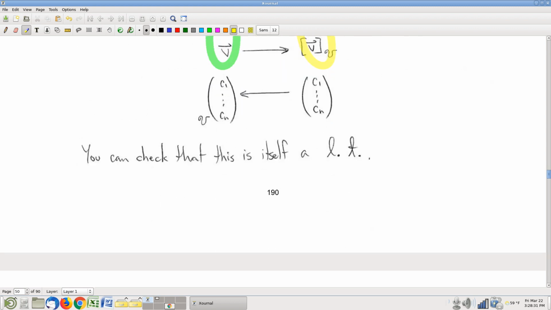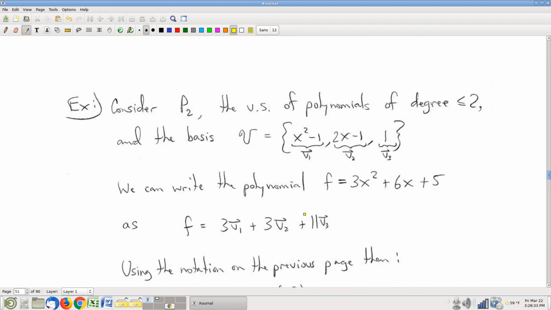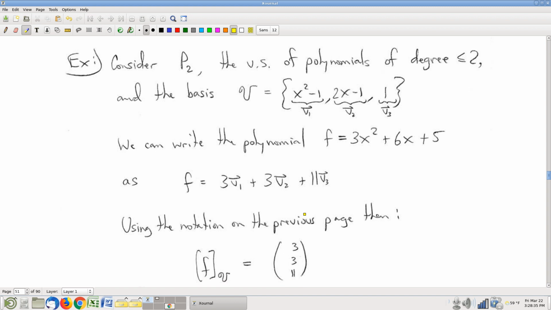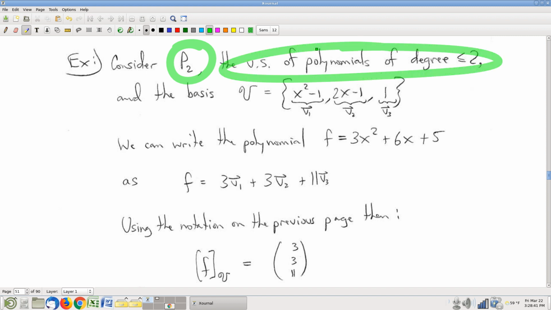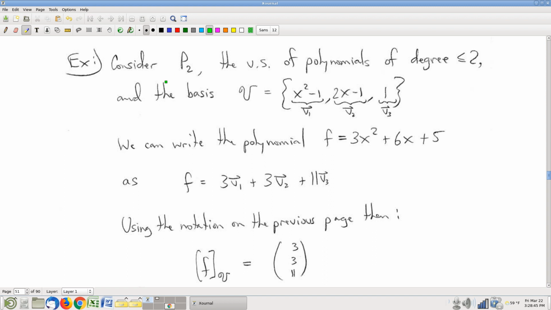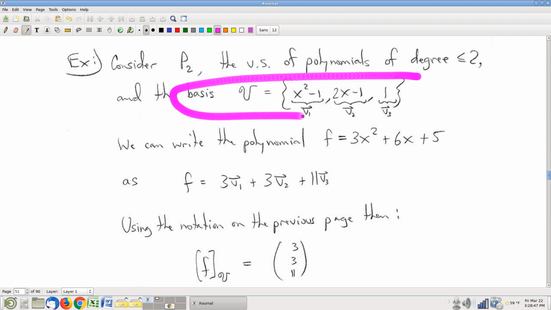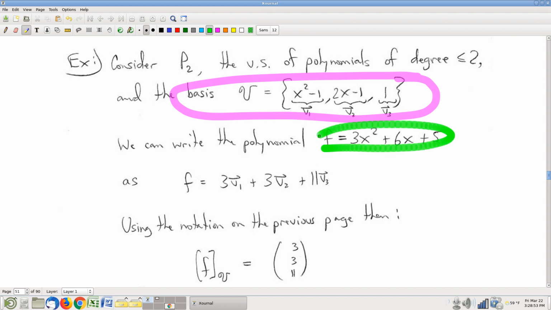Okay, a couple of quick examples. So let's talk about this vector space, P2, vector space of polynomials of at most degree 2. Let's think about this basis, script v, for that vector space. And let's think about the following vector, f. That vector f is a vector in the vector space. If I wanted to describe that vector, now it's a function, right?